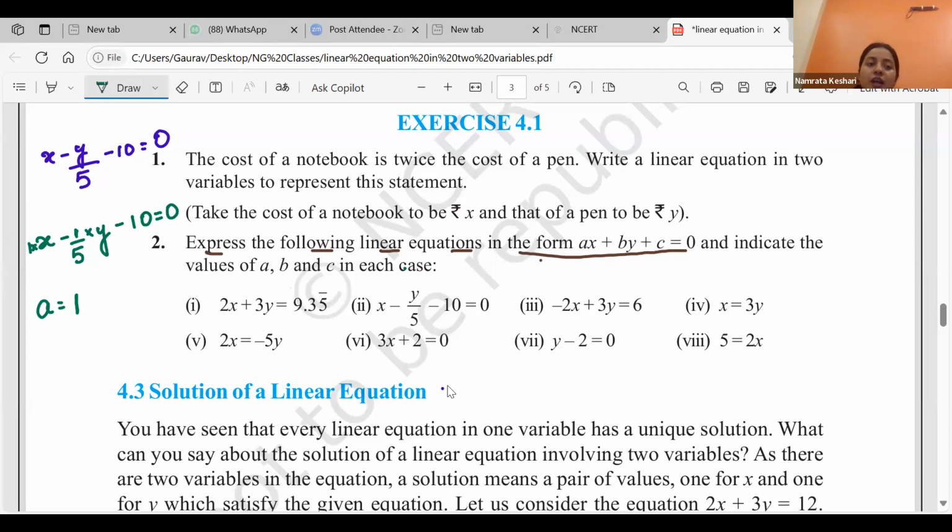Your a is 1. Your b, now you will have clarity, is minus 1/5. That's why I have written the denominator in this format. Making sense? Yes, ma'am. Our b is minus 1/5, and our c is minus 10. Clear?